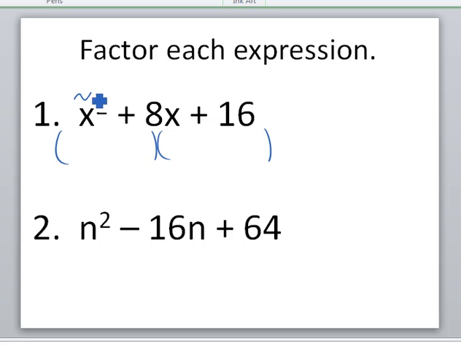We're still going to create the two parentheses. And the difference is, if you notice that you have perfect squares, meaning that something times itself gives you that, so this one would be 4 times 4, chances are that is going to be the solution to the problem. And so we're going to have x times x. And instead of going through all the factors of 16, I'm going to jump right to it and try 4 times 4 because I know today that that's what's going to be.